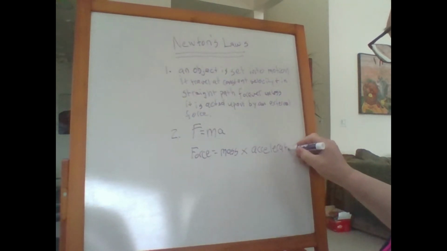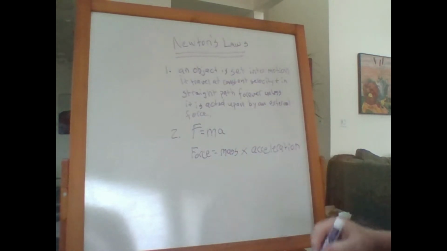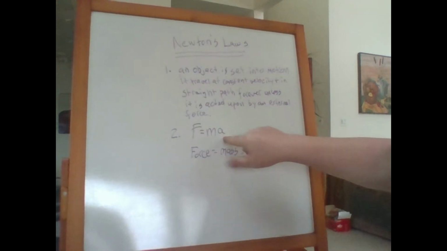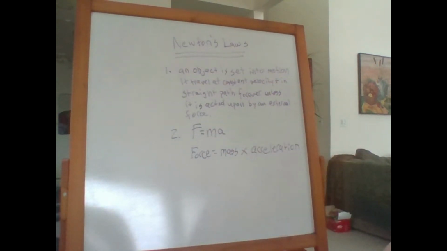Acceleration. Don't try to spell while you're talking. That's what this F equals ma is. That's that for first year students in physics. That's the equation that gets drummed into you over and over and over again.